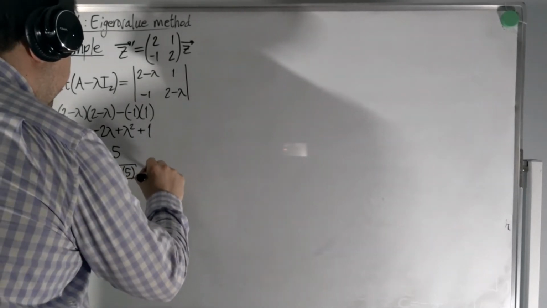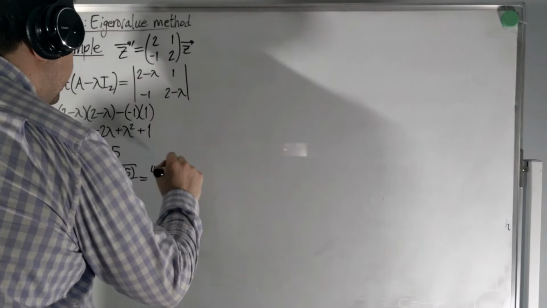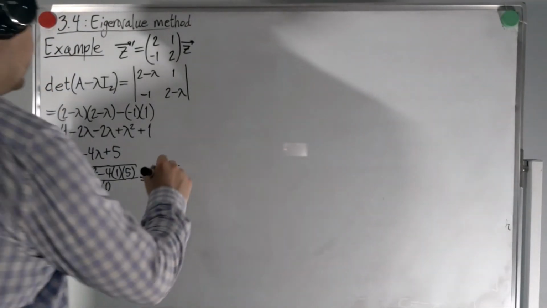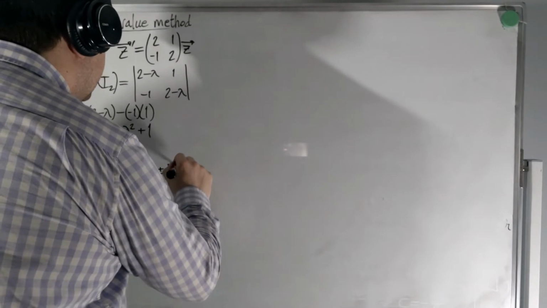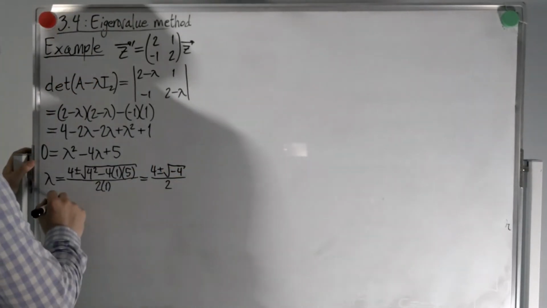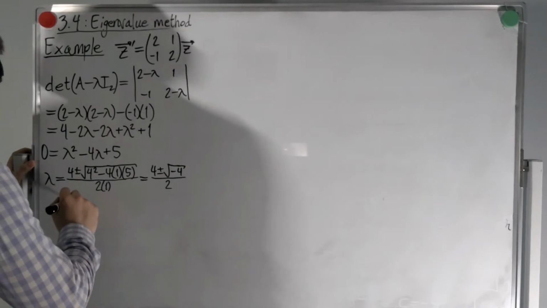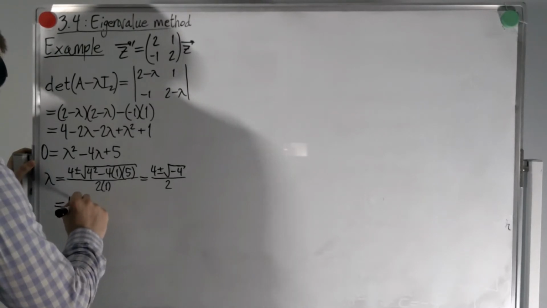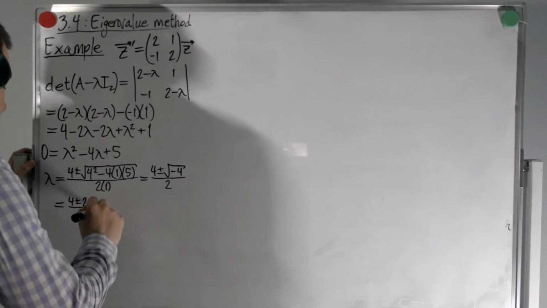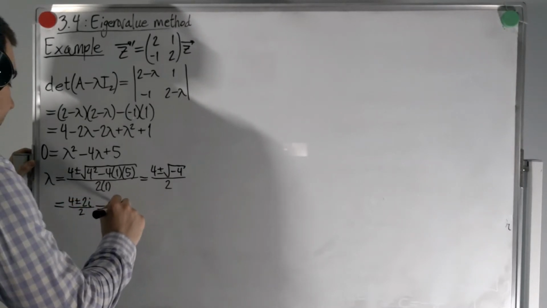This is going to be 4 plus or minus the square root of 16 minus 20, which is negative 4. Divide this by 2. So this becomes 4 plus or minus 2i divided by 2, or in other words, 2 plus or minus i.